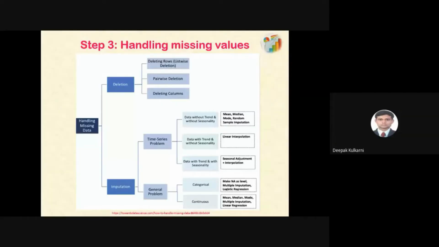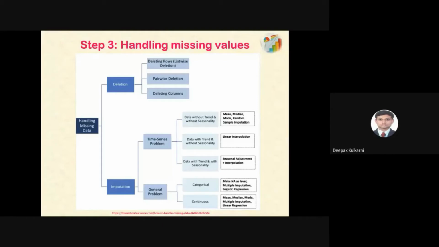The problem of our interest, which I have considered, is a continuous variable. In that case, if there are missing values, then they are imputed by means of either the mean. What do we mean by impute? Impute is nothing but filling up those missing values either by mean, median, or mode, or by some other means. We don't want to keep it blank.